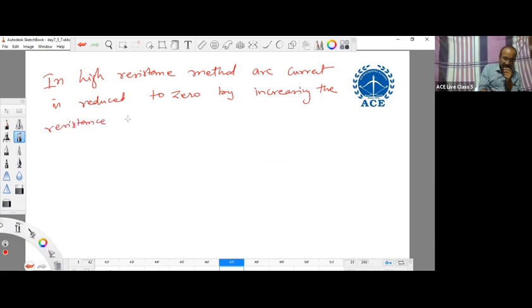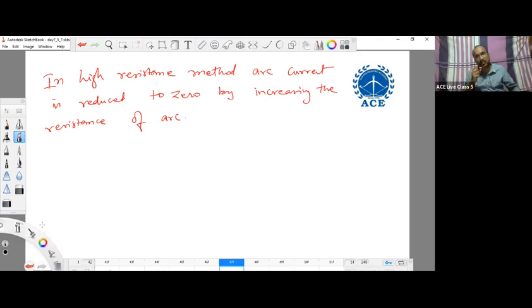So in case of the high resistance method, the arc current is reduced to zero by increasing the arc resistance. This method can interrupt the arc, it can quench the arc in both AC current as well as DC current.